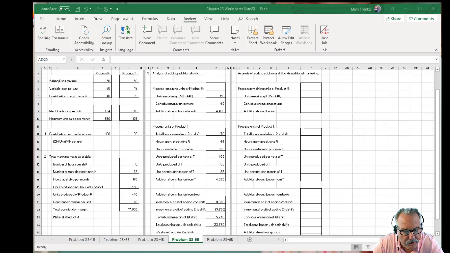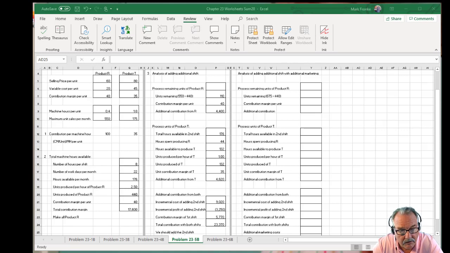So our total contribution for both shifts will be $23,370, which is the $17,600 from the first shift and this $5,770 from the second shift. So it's a good decision to add this second shift because our contribution is going to go up.